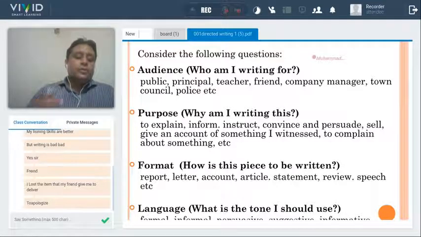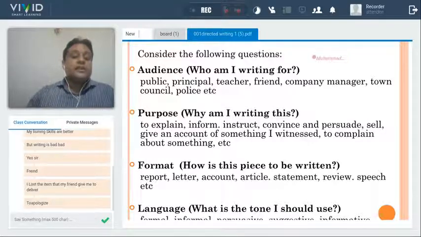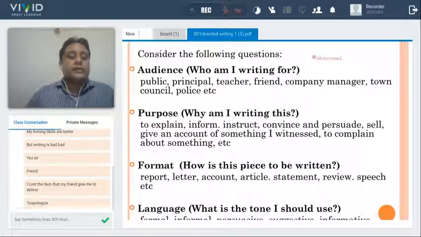As I told you, the first part of the question that we discussed was the situation part. In that situation part, it was categorically mentioned that you need to write a letter to your friend. And in the instructions part 2, it was also written to write a letter.